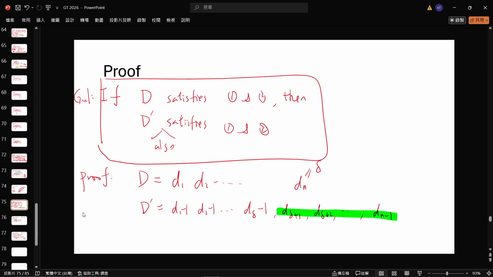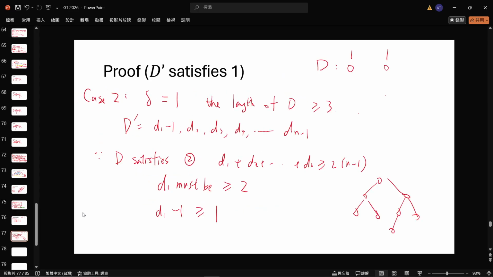Otherwise, we cannot make up for this small degree, okay? To make sure that we have a large total degree, and under the condition that we have a small degree here, we must have a large degree, okay? So if the degree is large, once again, I don't care about this minus 1, okay?